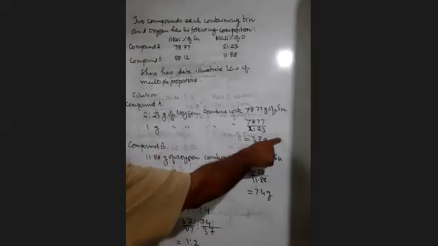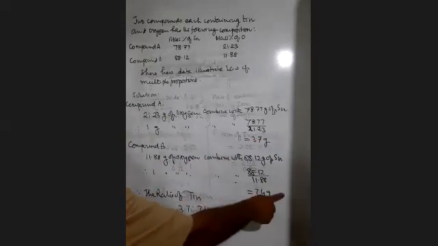So it says when they form more than one compound, the different masses of one of the elements which combines with a fixed mass of the other always bear a simple whole number ratio. So what we have taken here is the fixed mass of oxygen. What is the fixed mass? 1 gram. So here it is 3.7 gram of tin, and in this case it is 7.4 gram of tin.